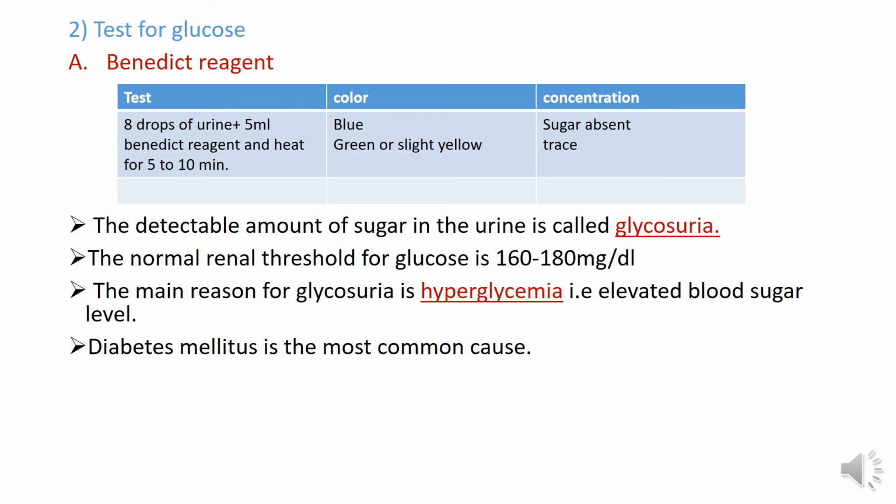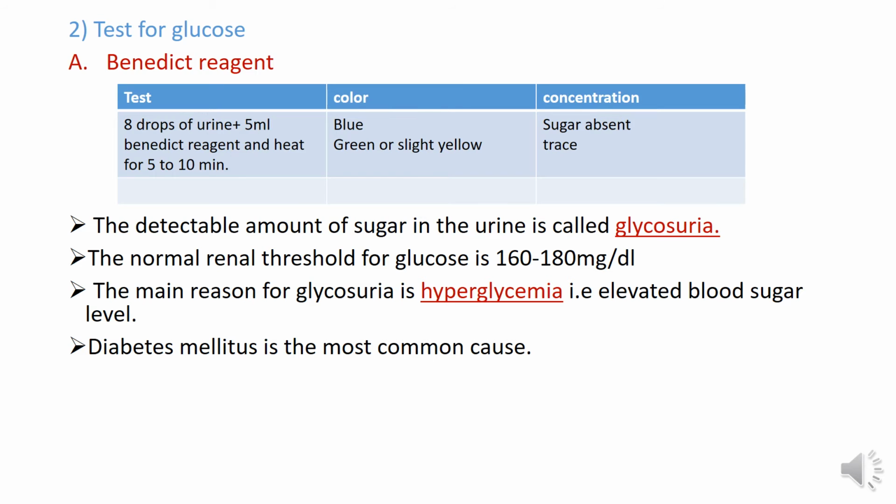If the blue color remains, sugar is absent, but if the color changes to green to slight yellow, a trace amount of glucose is present. If the color is green to thick yellow, the concentration of sugar increases. If the color is yellow to orange, more glucose is present in the urine.